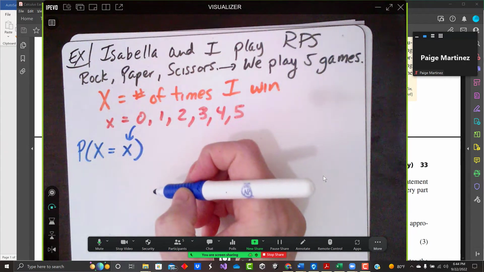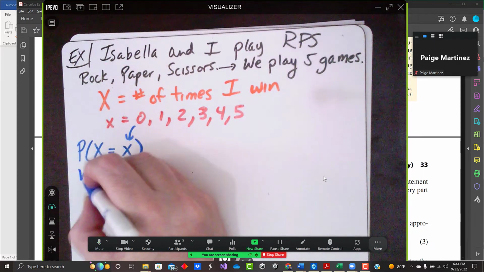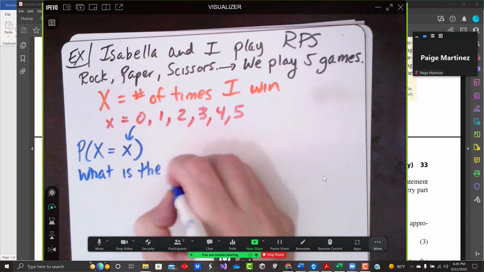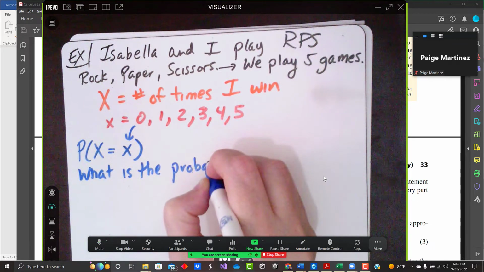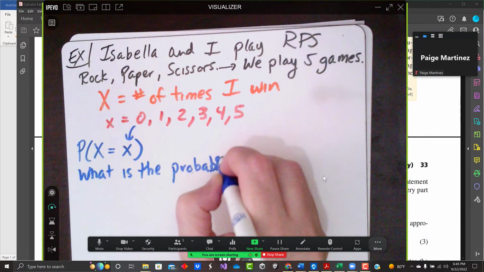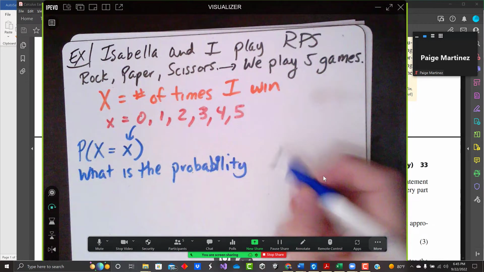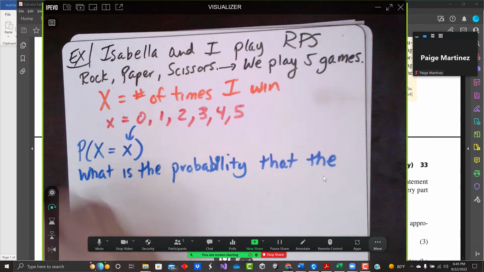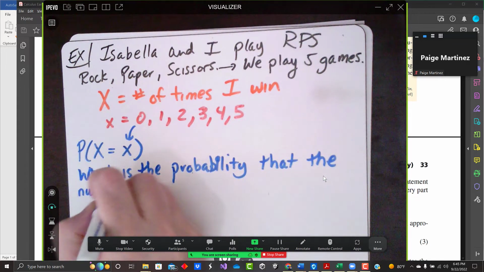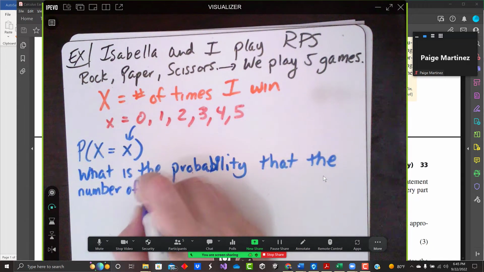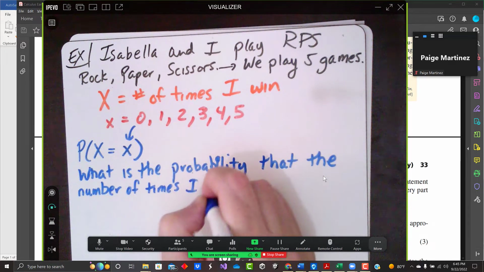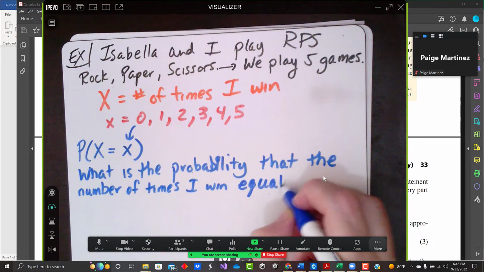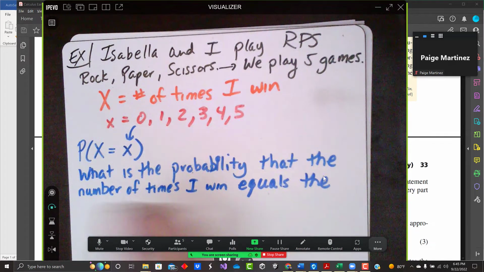What this is saying is, what is the probability that the number of times I win equals a specific value, little x.